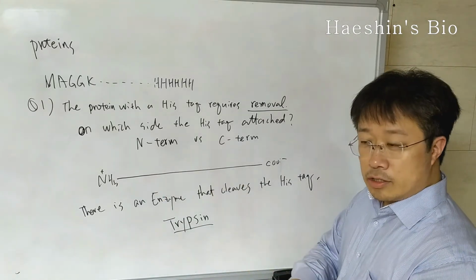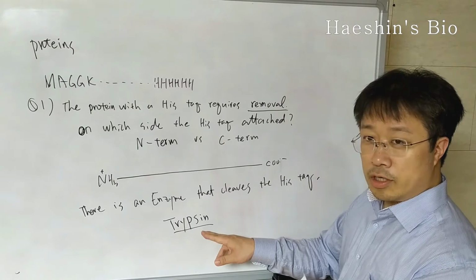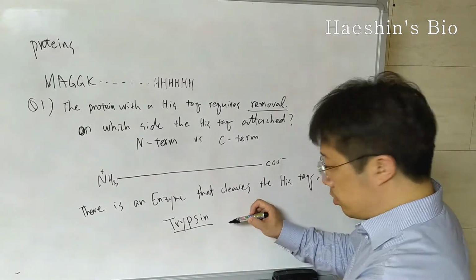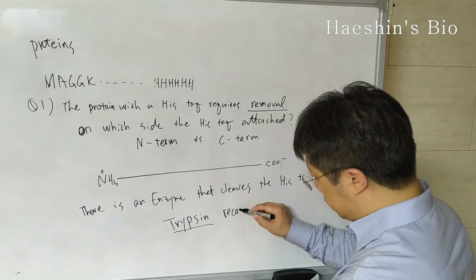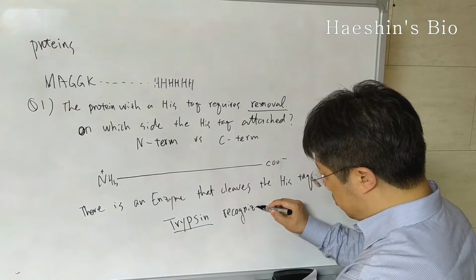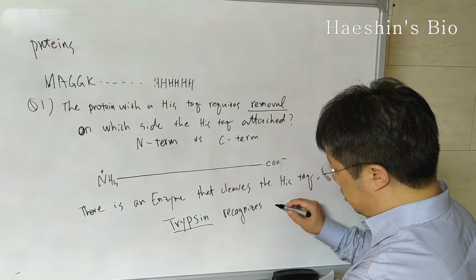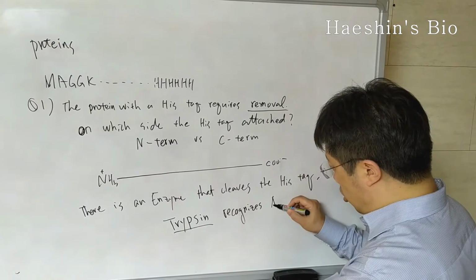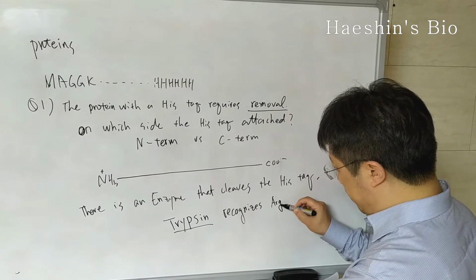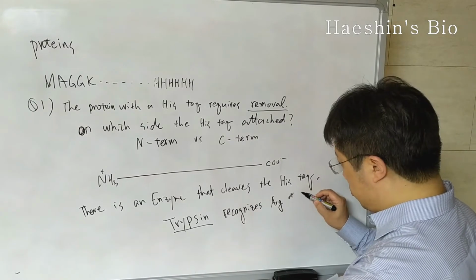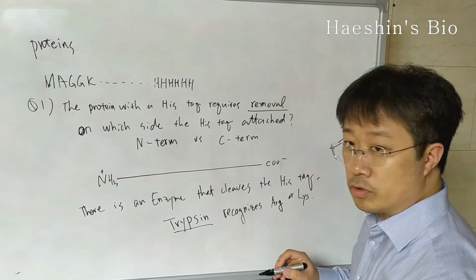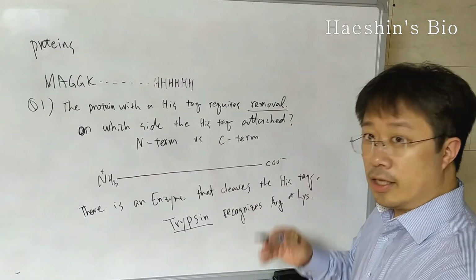If you look at the chapter explaining trypsin, the serine protease, trypsin recognizes a special amino acid, which is arginine or lysine. Anyway, they recognize it and then they cleave.